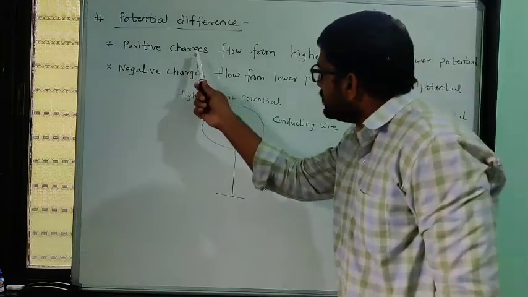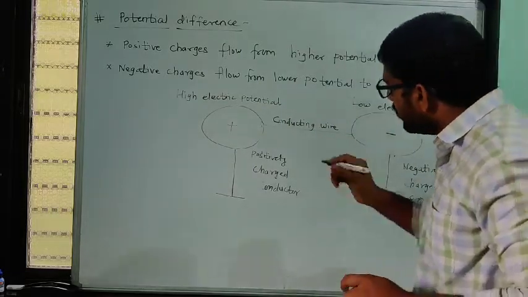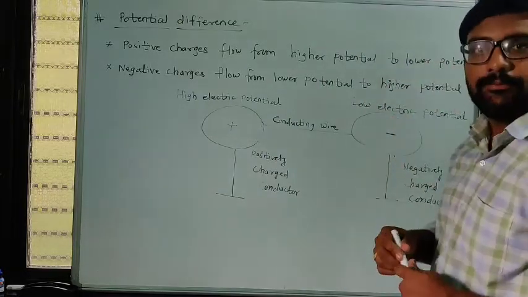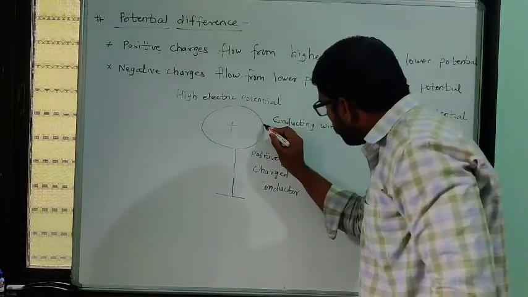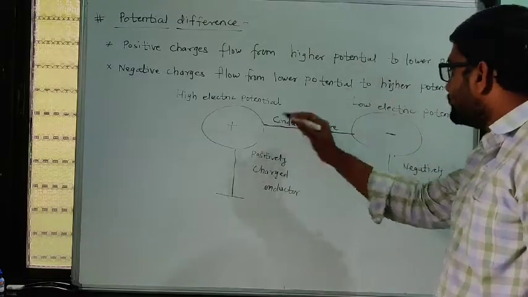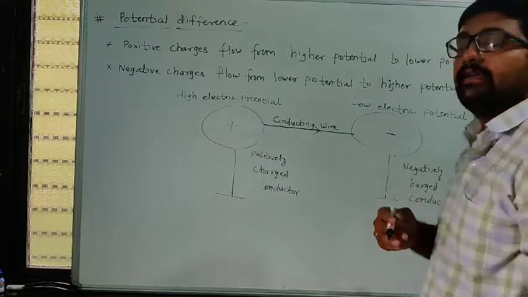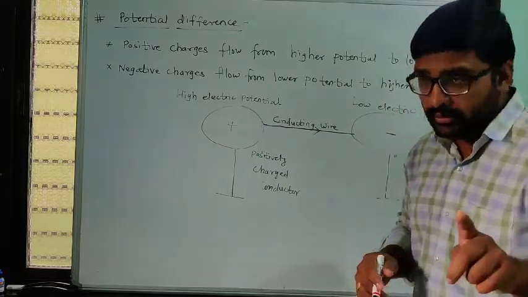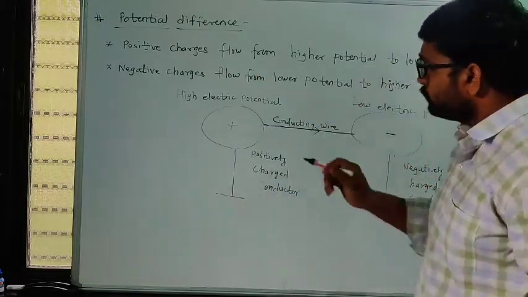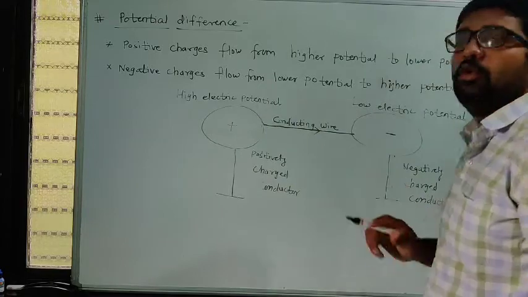We know positive charges flow from higher potential to lower potential. Here all the positive charges are on one conductor, and all the negative charges on the other. So what happens here? These positive charges will start to flow in this direction towards the negative charges, from high electric potential to low electric potential.